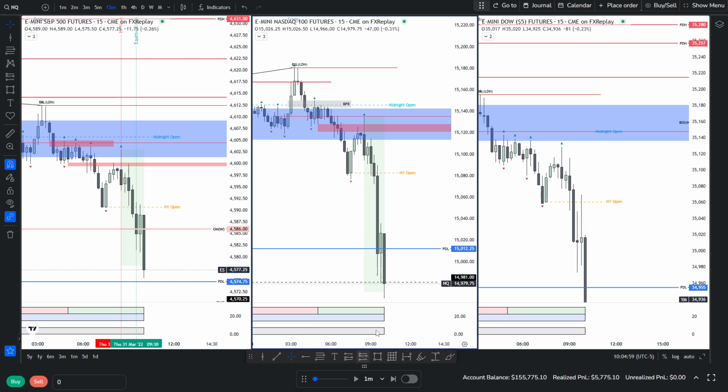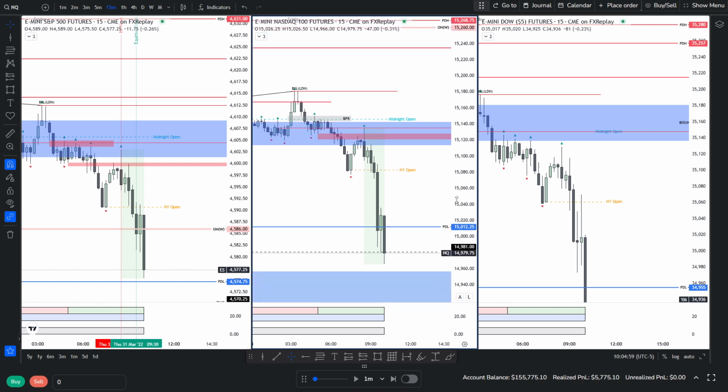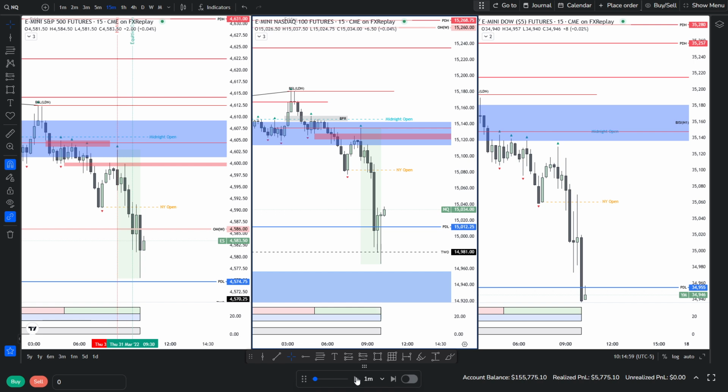Now, it very much looks like ES is going to purge that low as well, and if ES purges that low, then it's kind of all bets off on our trade opportunity, if I'm honest. Potential trade idea, but we'll need to see what ES does.